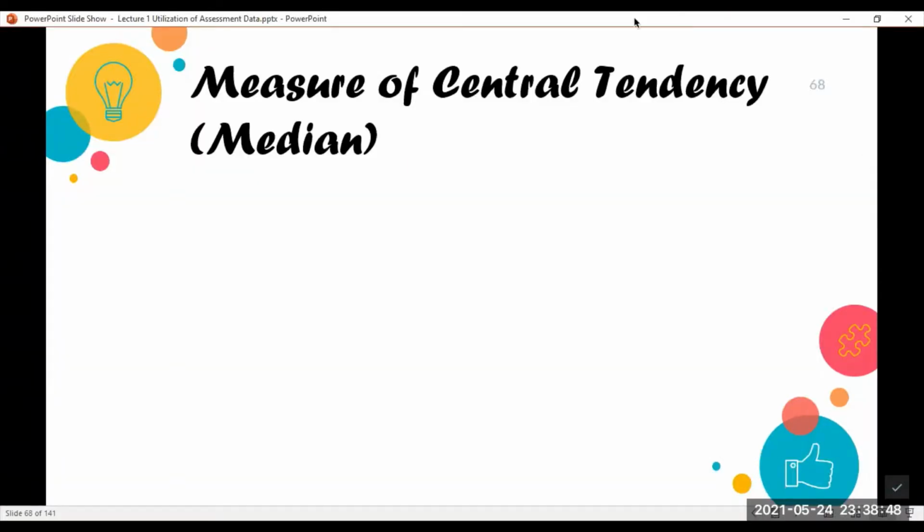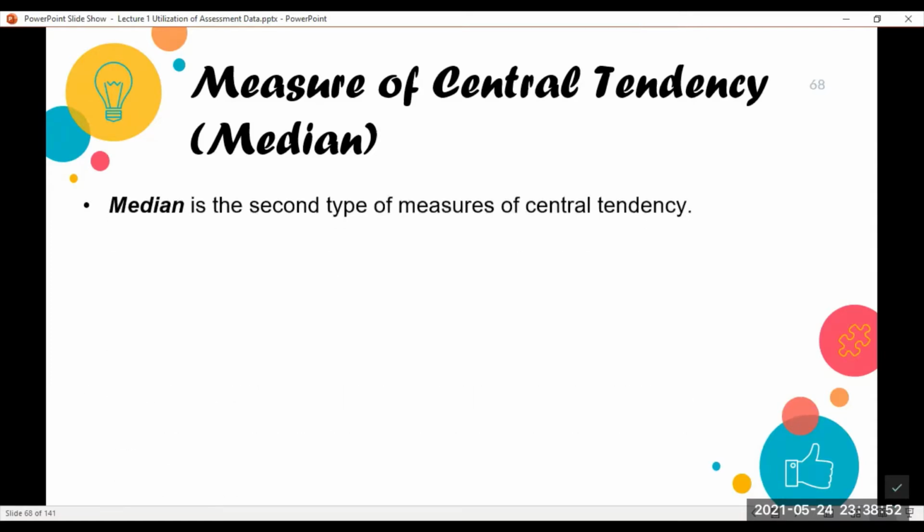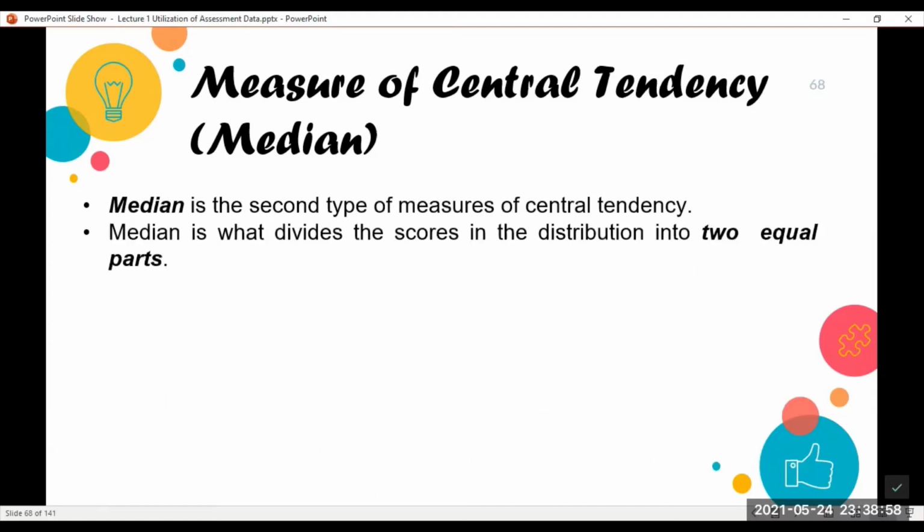Okay, so this is measure of central tendency for median. Median is the second type of measures of central tendency. And median is what divides the scores in the distribution into two equal parts because we will be dividing really literally.